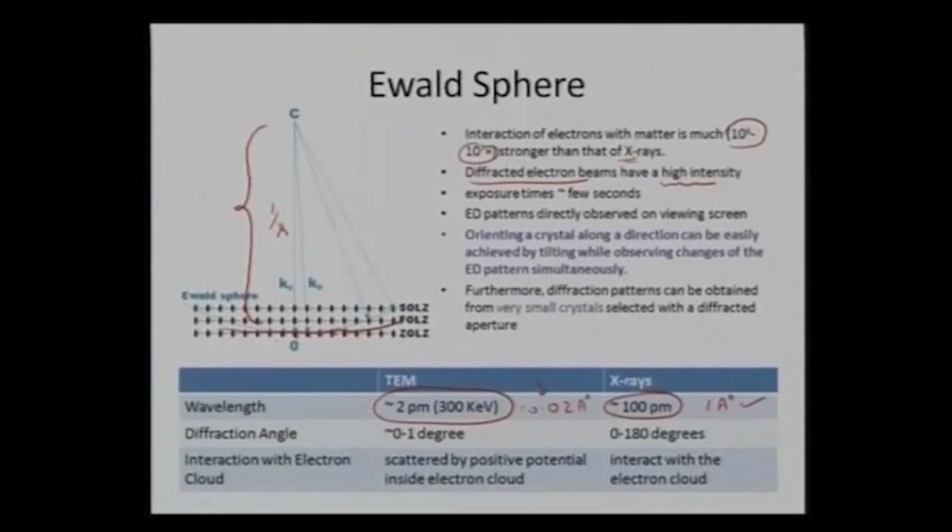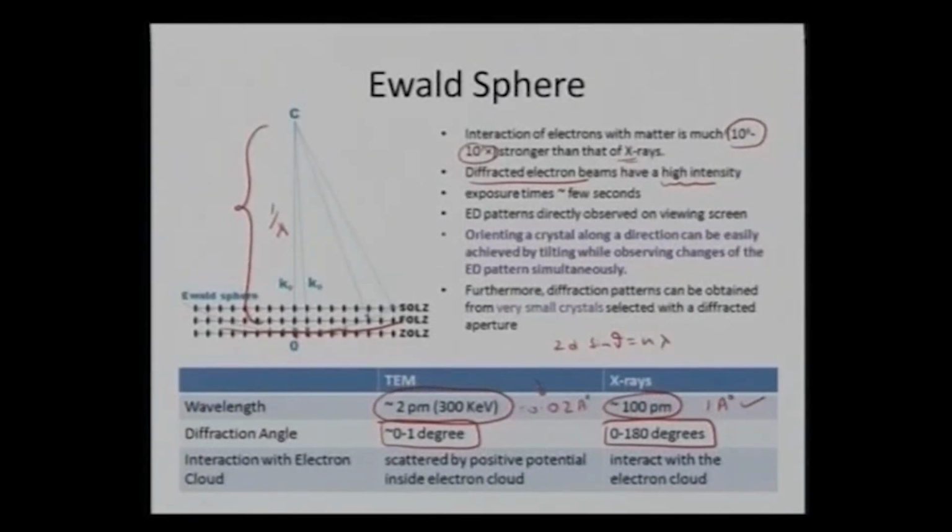If we can orient a particular crystal to achieve a diffraction pattern, I can obtain all my diffractions within 0 to 1 degree, whereas for X-ray diffraction I have to rotate my crystal from 0 to 180 degrees to get a particular diffraction, because we know that 2d sin theta is equal to n lambda.